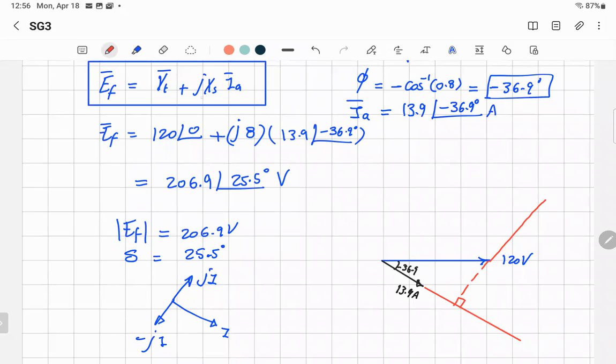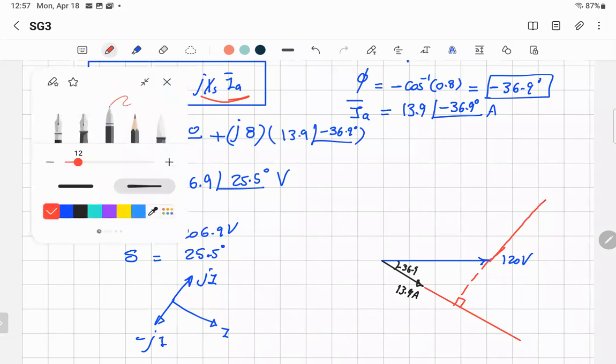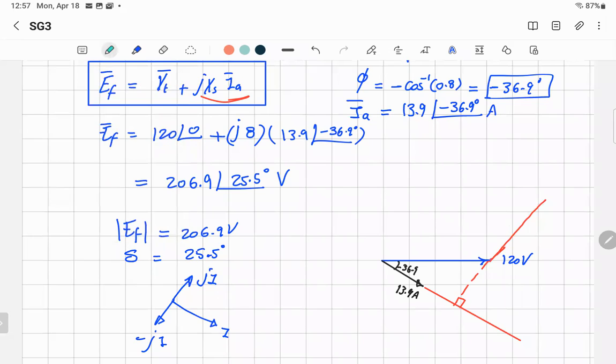What's XIA? The drop here, XSIA. And what is j? I already made it perpendicular to the line of IA, so that's the same direction. Let's say, for example, that's the length up to here only. Let me choose another color, so I know what the direction is. So when I measure, that's enough.